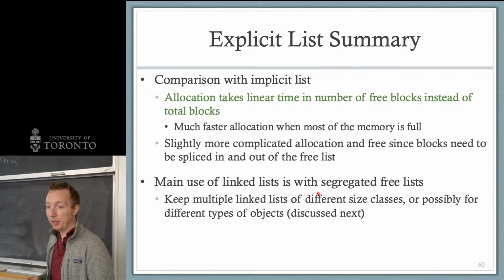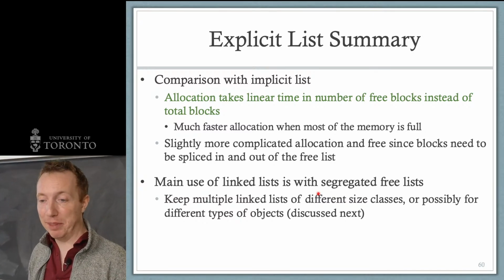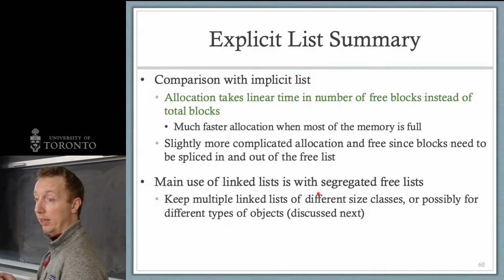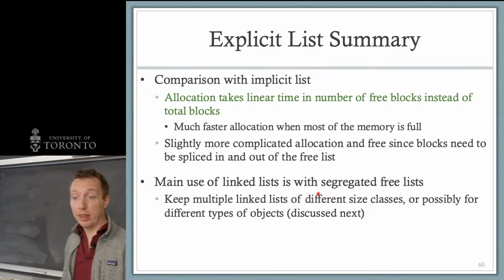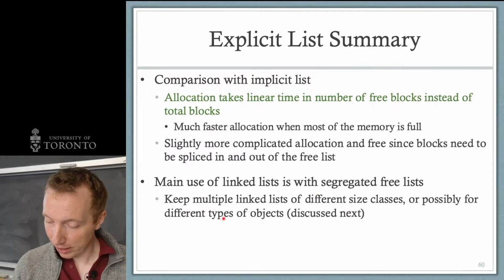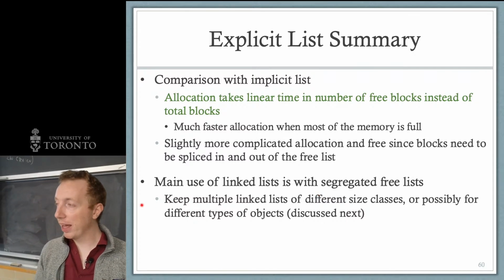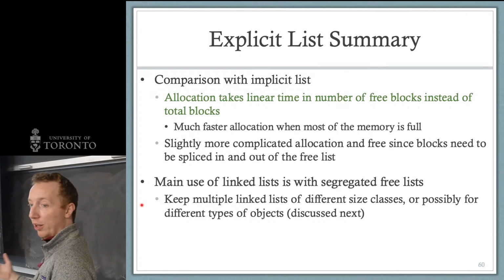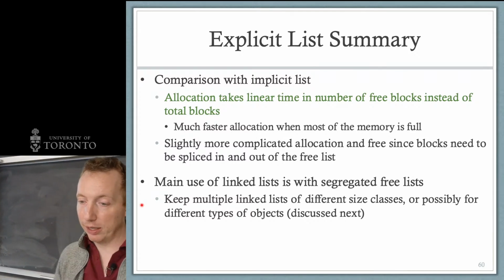And more complicated since you have to splice them in and out. You're keeping track of that free list and dealing with a hell of a lot more pointers. But other than making your life more complicated, overall, it is a much better strategy.